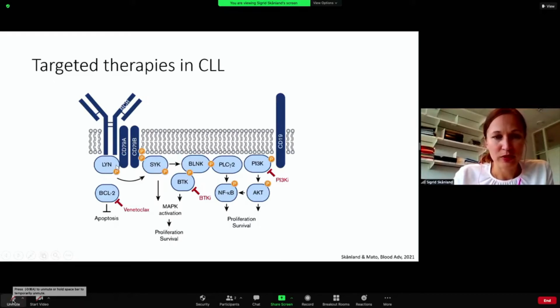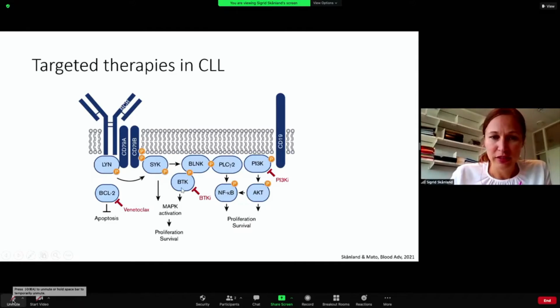Indicated here in blue are different proteins that are found inside the cell. When the receptor is activated, it will lead to activation of these proteins by phosphorylating them. This is a cascade that is going between these different proteins here. It's known that some of these proteins are important for giving proliferation and survival signals to the cancer cell, and they are upregulated in cancer cells compared to normal cells.